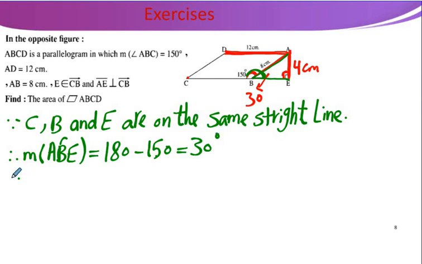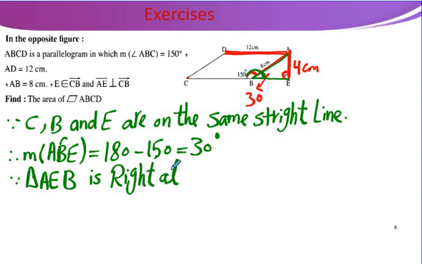And since triangle AEB is a right angled triangle at E, then triangle AEB is a 30-60 triangle.